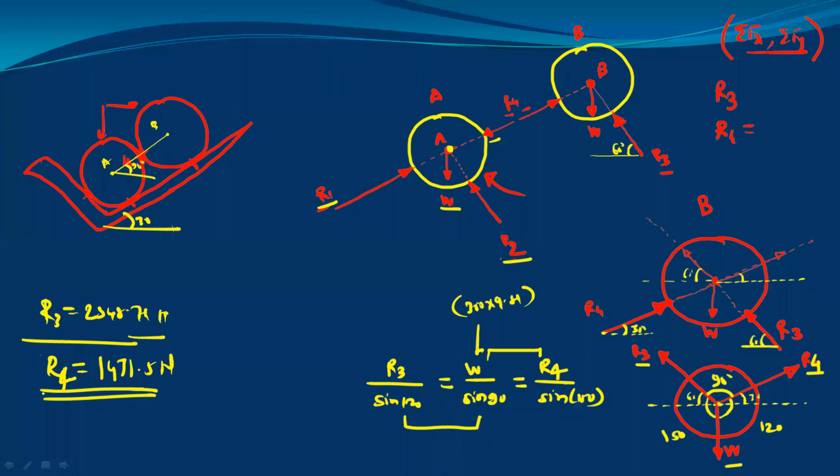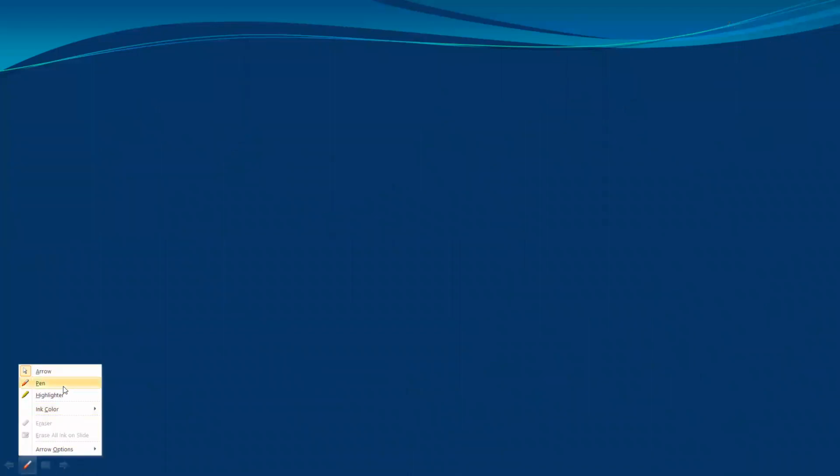Okay, so once we get the value of reaction R4 from the FBD of sphere B, you can consider the sphere A. For the sphere A, I will draw it again.